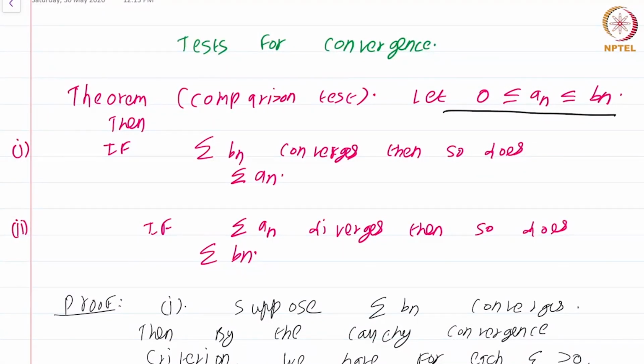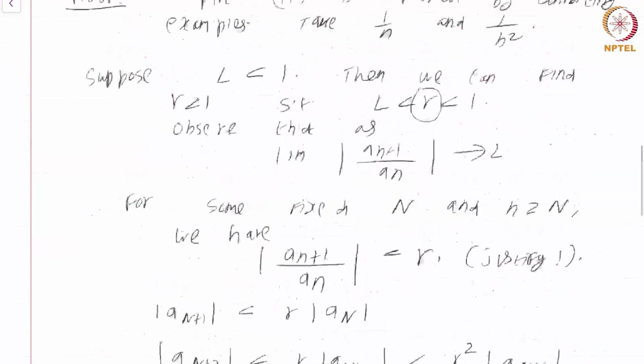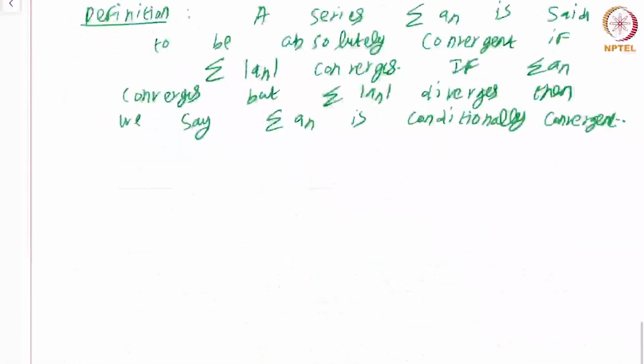By a similar proof to what we have done for the ratio test, you can show that you don't really need this for all n. You just require this inequality whenever n is suitably large. You can modify the proof to see for yourself that what I'm saying is true.